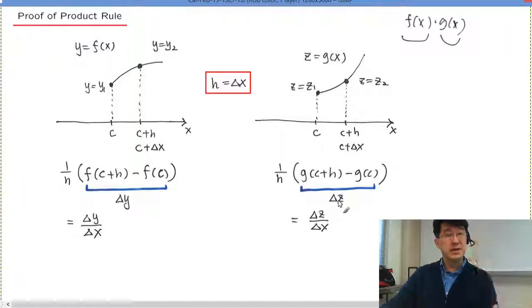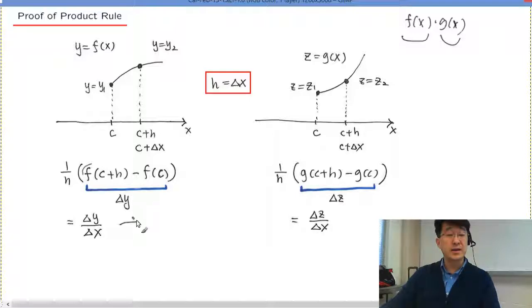Right? Let's think about the derivative of f of x. It's 1 over h, f of c plus h minus f of c. Remember that thing, right? And then you put the limit as h approaches 0 there. That's what we did. But how much this function value changed there is going to be delta y. y is f of x. So before you hit the limit, it is delta y divided by delta x.